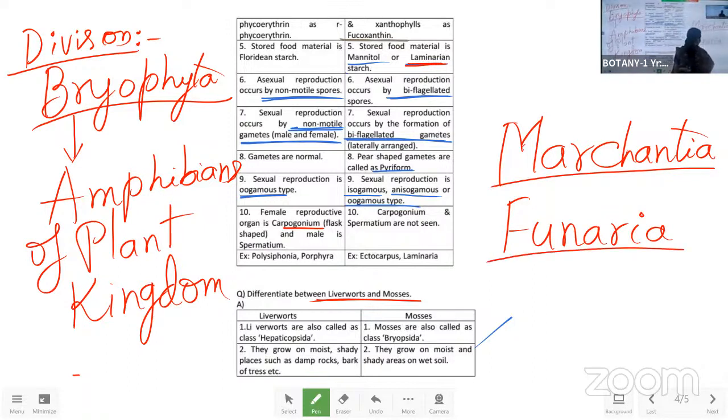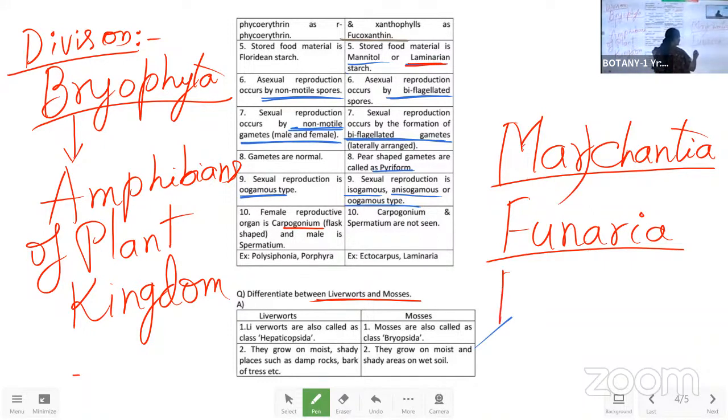So spellings are important. I cannot do anything about this. Marchantia. If you are having any problem in writing the spelling, split the word, but don't give a space in between the letters. So it is a request and also an order. First of all, I'll say request, but it's not a request, it's finally an order. Because if I break your name into small letters, will you accept? No. The same thing applies to the organism. We should not break the name with spaces.